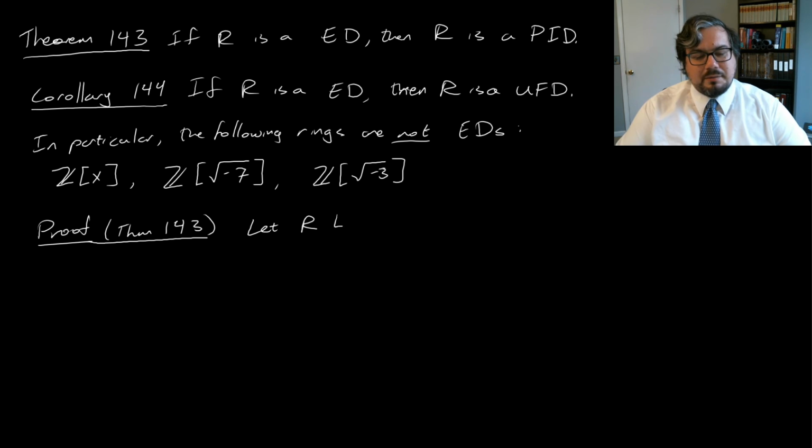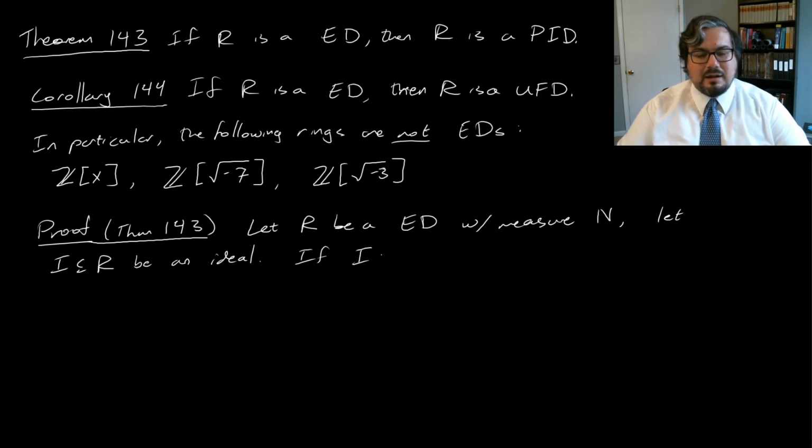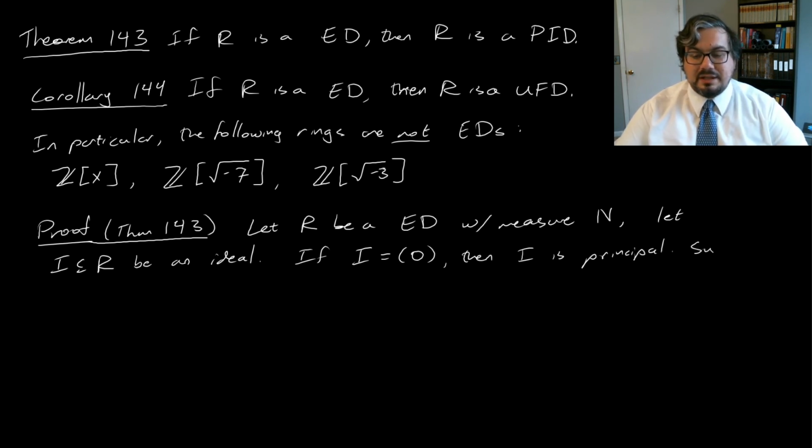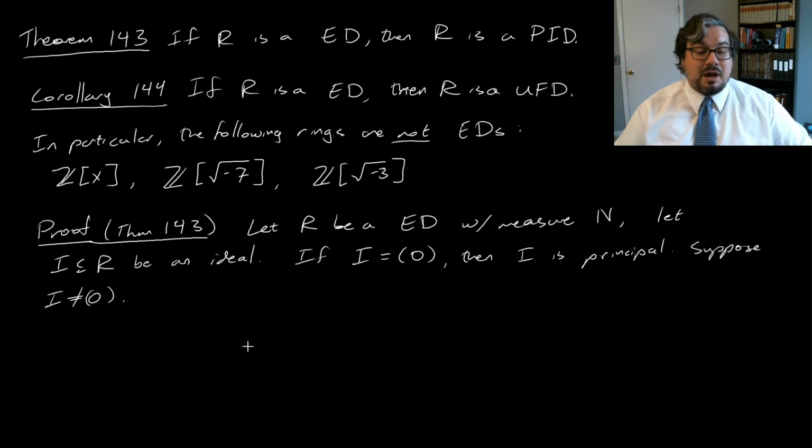So let's let R be a Euclidean domain with Euclidean measure N, and let's let I, a subset of R, be an ideal. Now, if I is the zero ideal, then I is clearly principal. So let's suppose that I is not the zero ideal, which means that in particular it contains non-zero elements.